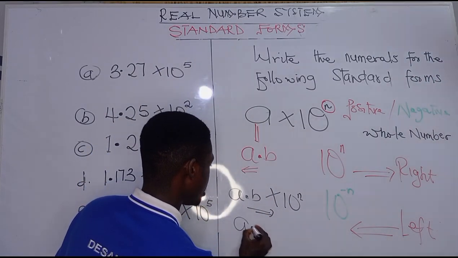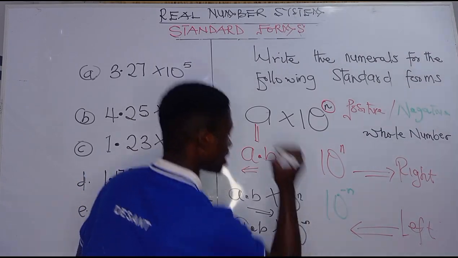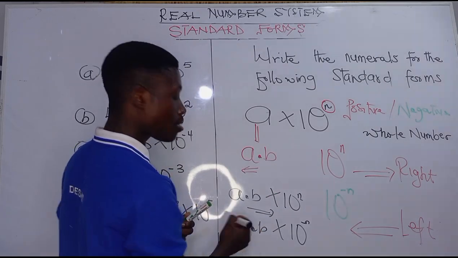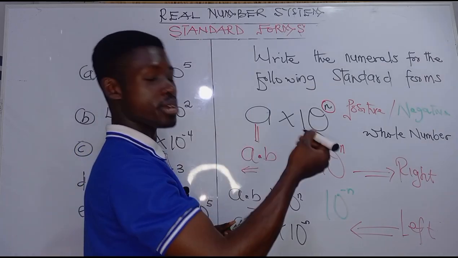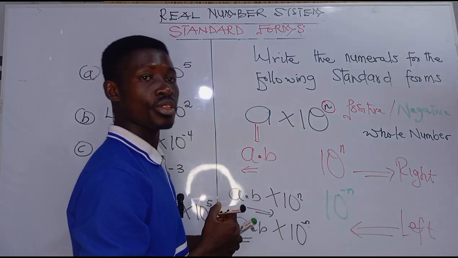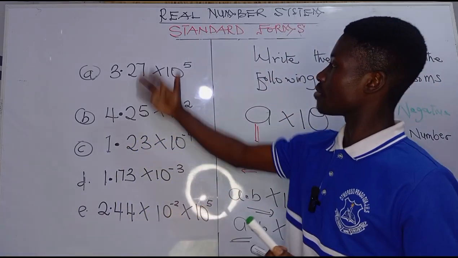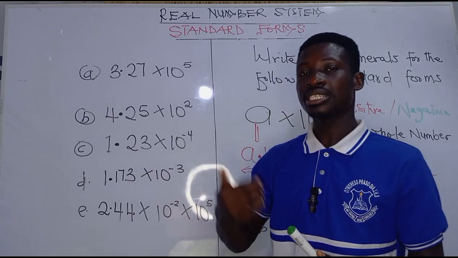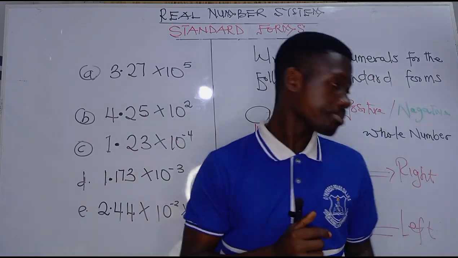When you have a decimal number multiplied by a negative power of 10, we are going to move the decimal point to the left, and the number of movements is based on the power. So we have a list of numbers that has been written in the standard form. We are going to learn how to express them as ordinary numbers.